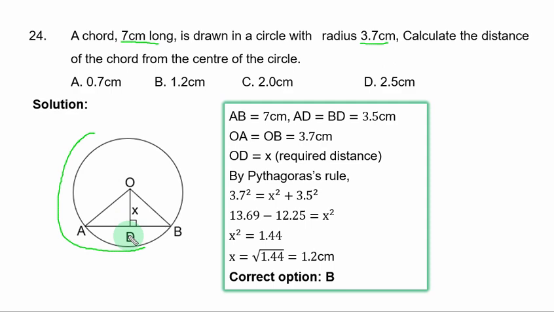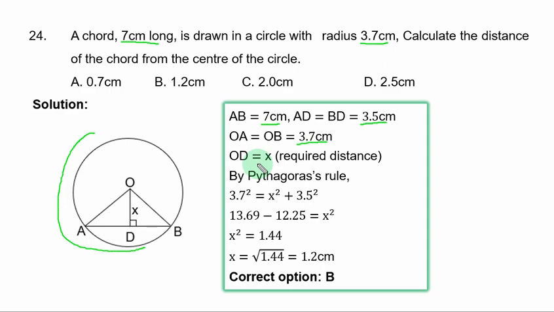From the information, the length of the chord AB is 7 cm. Half of it, that is AD equal to BD, becomes 3.5 cm. You share it into two equal parts. The radius is 3.7 cm. OD equal to s, the required distance.